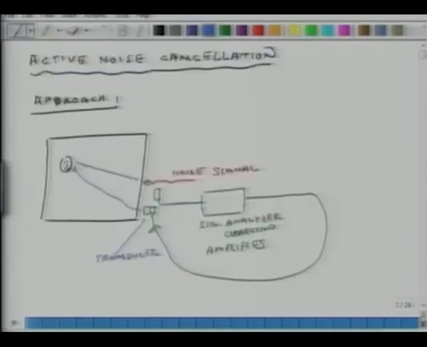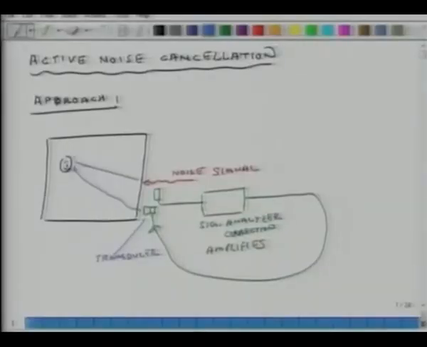What do I mean by time delay? By the time noise reaches this point and is sensed by a microphone, the microphone has its own inertia, so it takes some time to sense that noise. Then that noise is sent to this black box, signal analyzer plus corrector plus amplifier, and the electronics takes some time to develop corrective signals, and that corrective signal then comes back and is fed to a transducer.